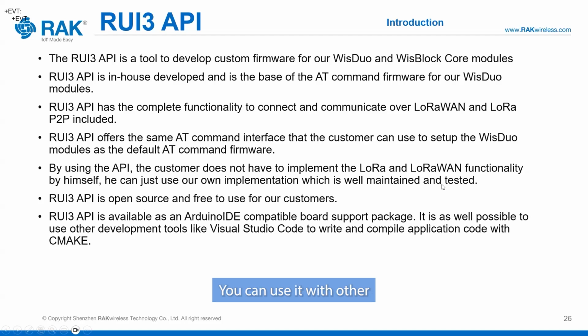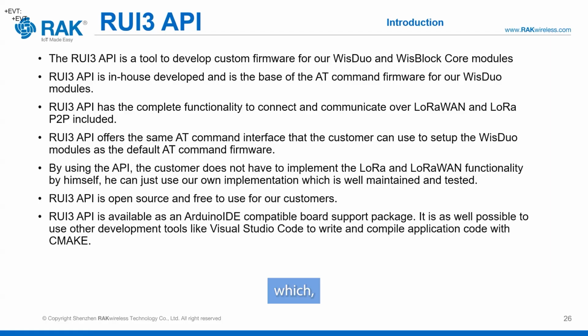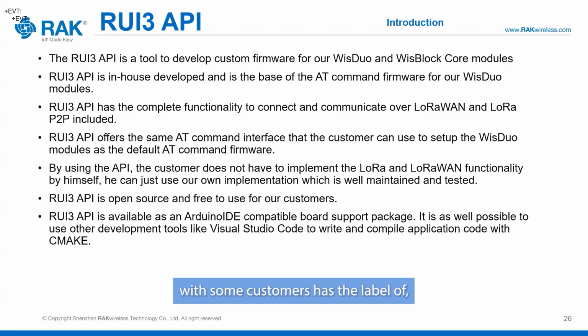You can use it with other development tools like Visual Studio Code to write and compile applications with CMake. So you don't need to rely on the Arduino IDE, which some customers label as not reliable, not good for serious development of application code.